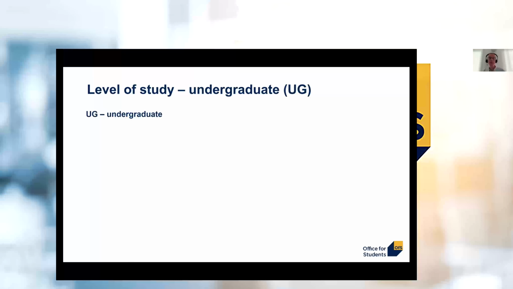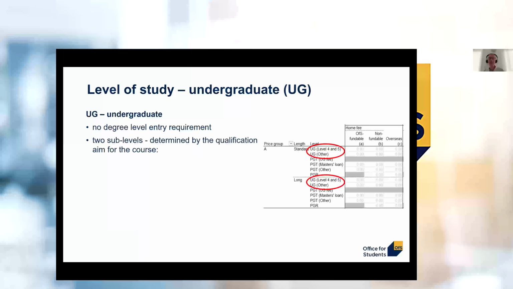So starting with the undergraduate level, there's no degree level entry requirement for these, but in order to get the data that we need for the funding stream that we now have for level 4 and 5 courses, we have 2 sub-levels here, and which goes where is determined by the qualification aim of the course. So for undergraduate level 4 and 5, this is typically things like HNCs, high national certificates or diplomas or foundation degrees.